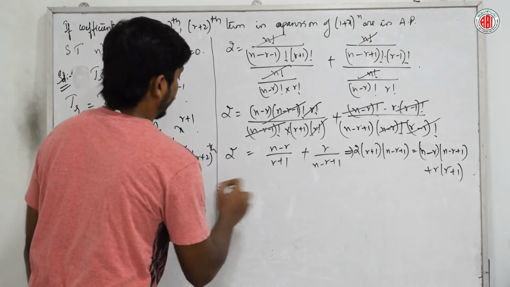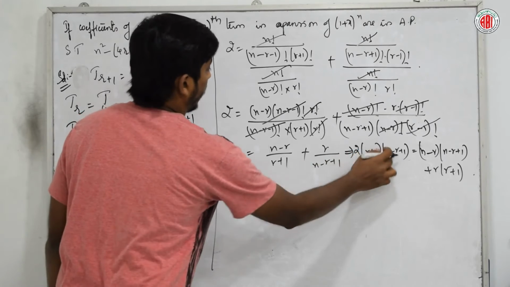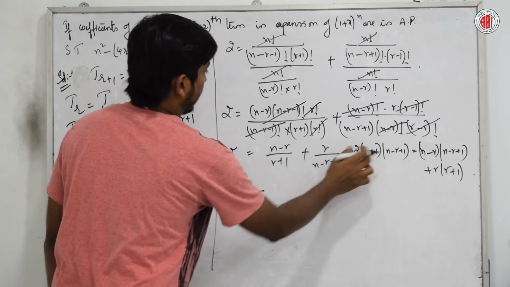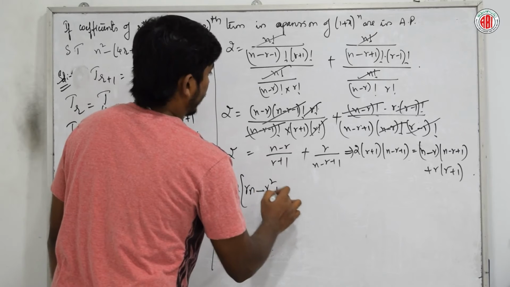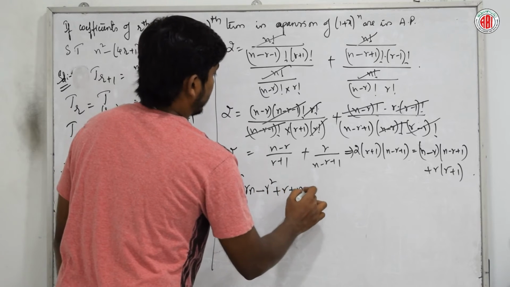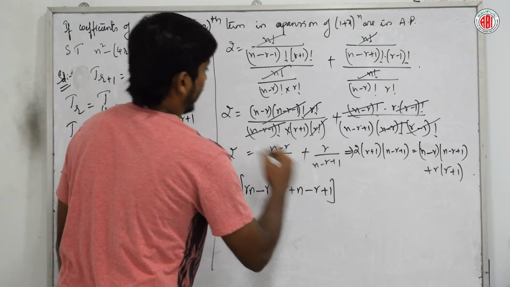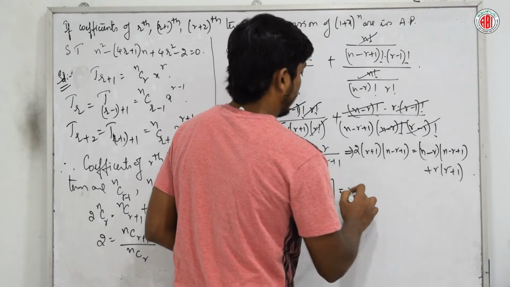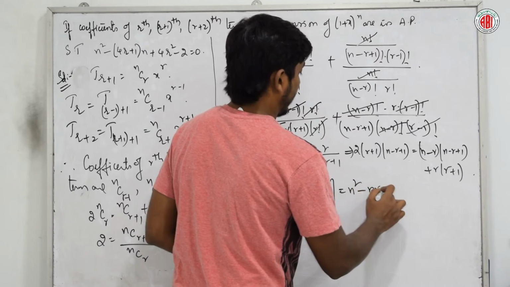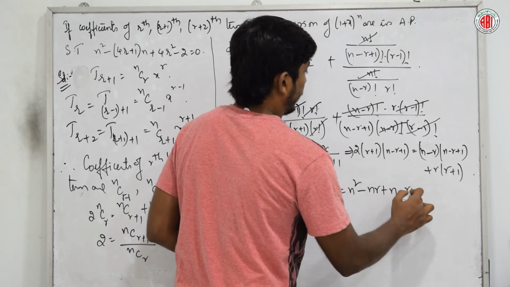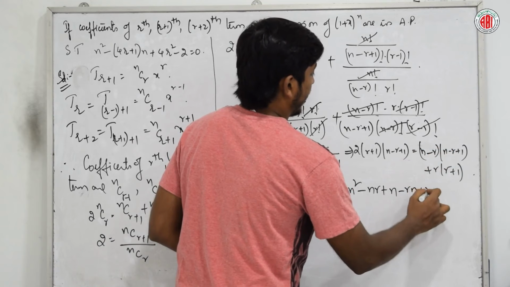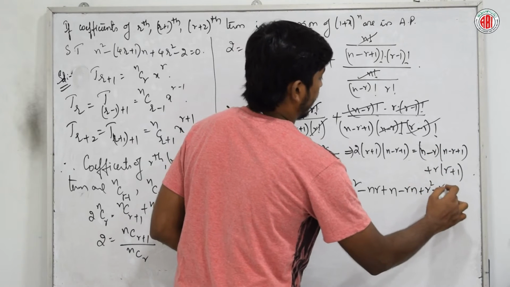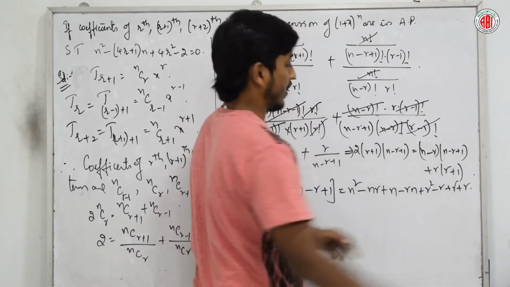Just see here, 2 into rn minus r square plus r plus n minus r plus 1, and here it is n square minus nr plus n minus rn plus r square minus r plus r square plus r.